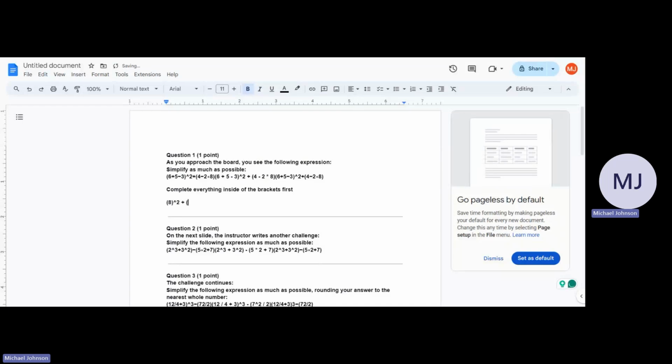So 4 minus 2 times 8, based on BEDMAS, multiplication comes first. Negative 2 times 8 is negative 16.